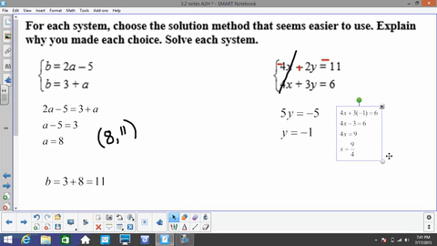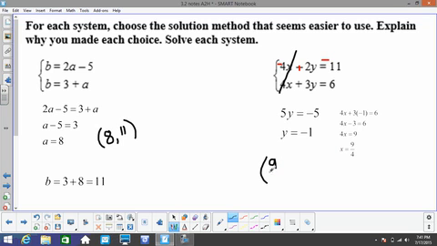Add 3 to both sides, divide by 4. This is an example where graphing would really be not a very accurate way of doing it. 9/4. I'm not sure that I could be accurate enough on a graph to get 9/4 or 2.25. And there's my answer.